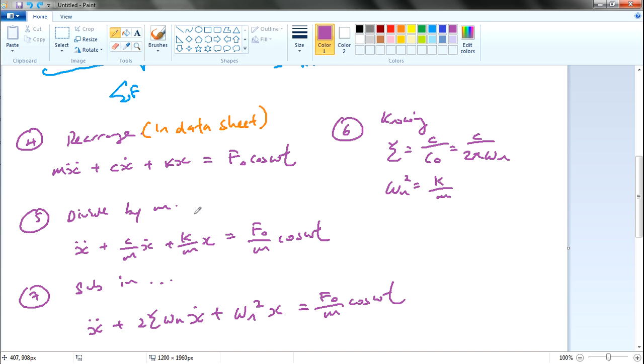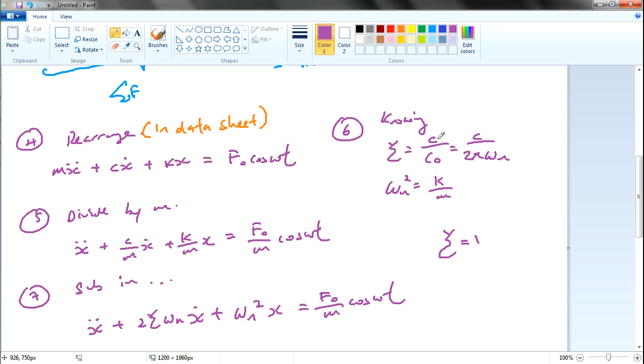Talking about substitution, we know that the damping factor is equal to the damping coefficient divided by the critical damping coefficient. This is when your damping factor equals 1.